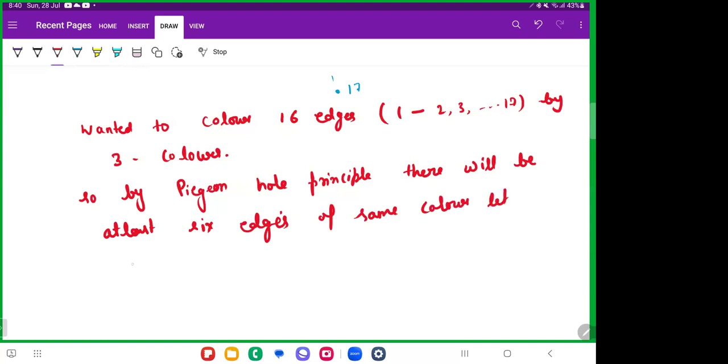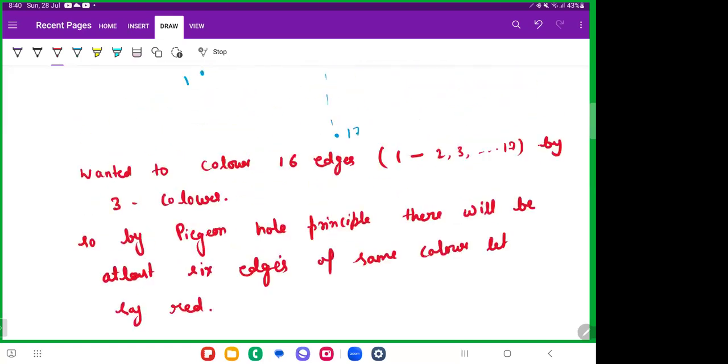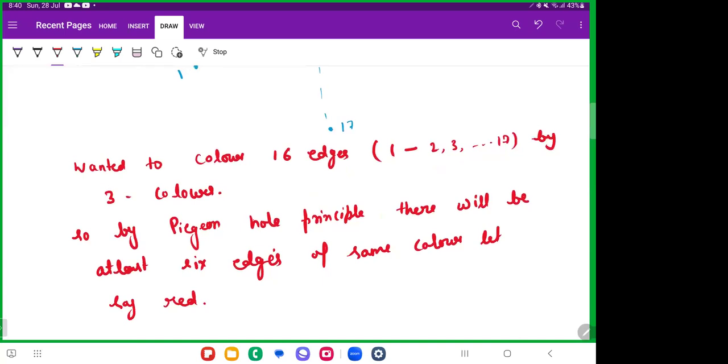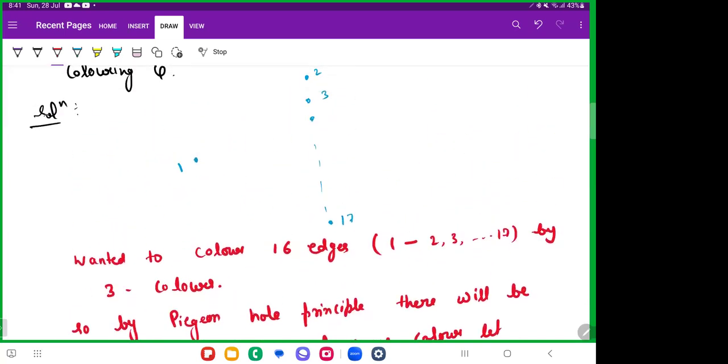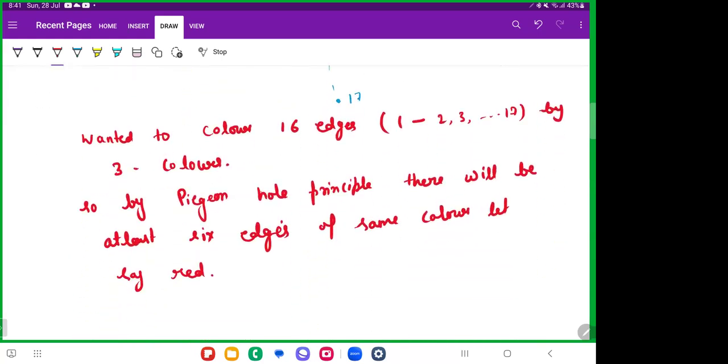Let's say red. Right? Is this clear? There will be at least 6 edges of the same color, red, blue, or green. I'm just saying red. Is this clear?